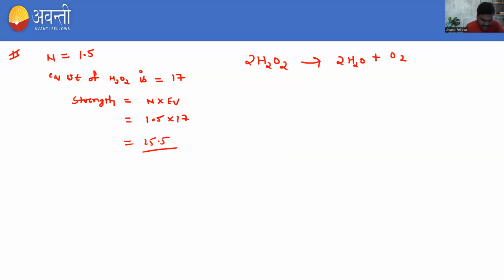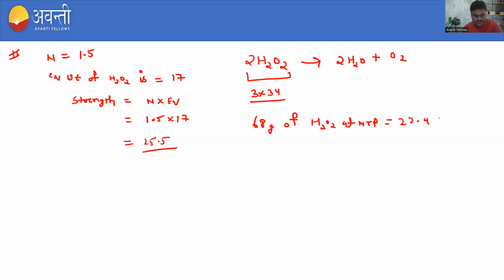It means 68 grams, that is 2 into 34. So 68 grams of H2O2 at NTP, normal temperature and pressure, produces 22.4 liters of oxygen. So how much will 25.5 give? For one, take 22.4 divided by 68 into 25.5, right?